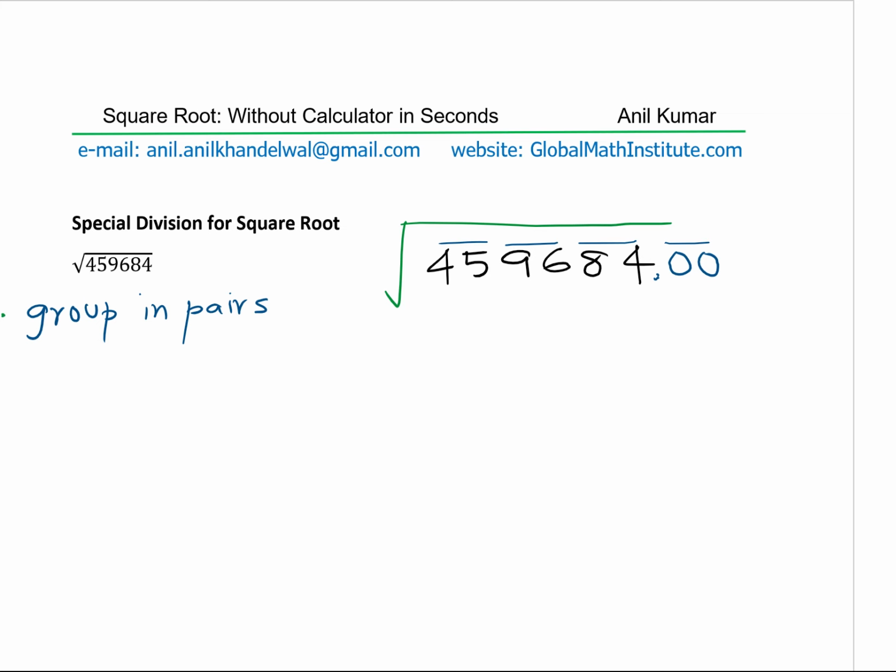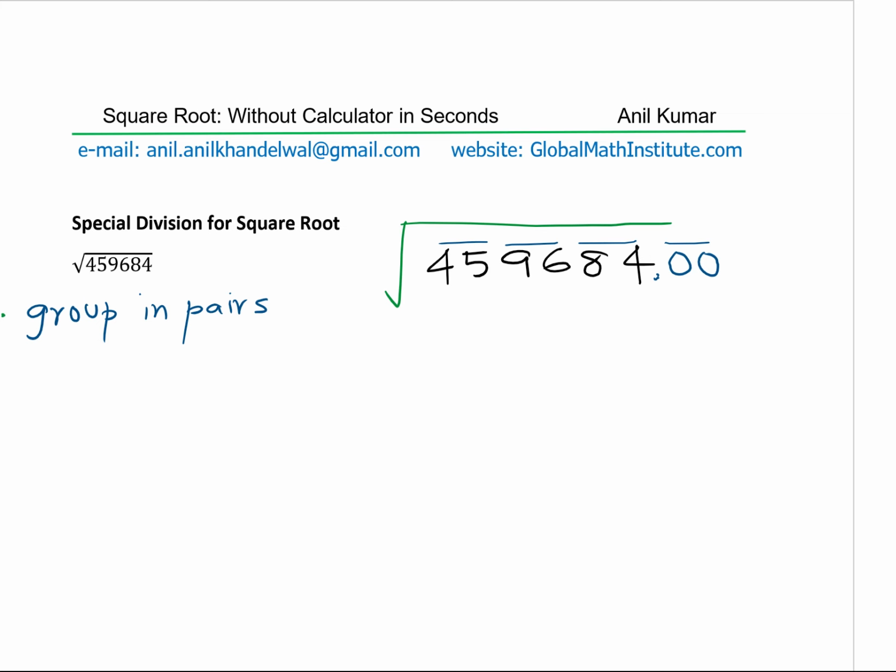So we have to now take care of the number 45, which is the first pair. Think about a number whose square goes perfectly into 45 or is slightly less than 45. For example, 6 into 6 is 36, but 7 into 7 is 49.